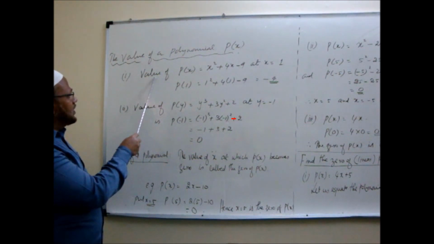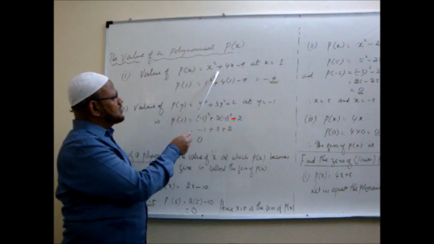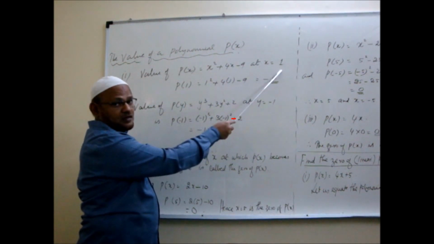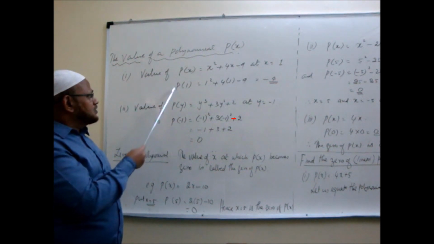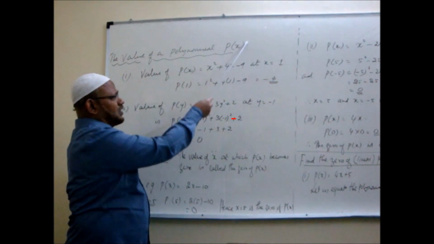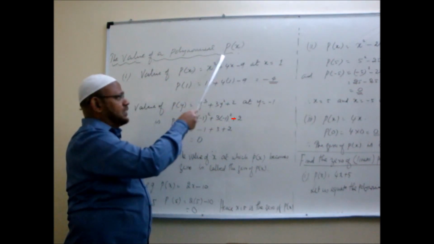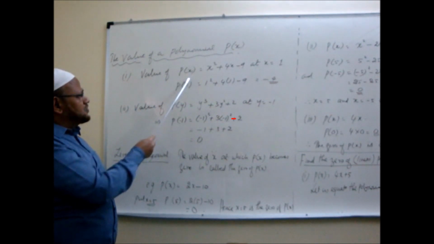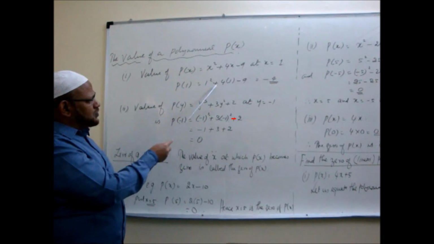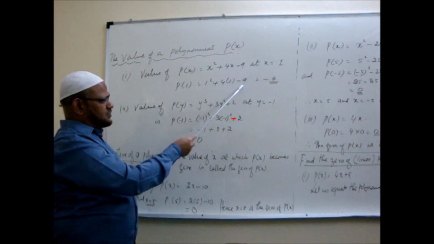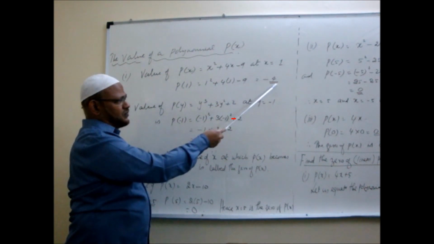The question is finding the value of p of x at x equal to 1. Where x is coming, I substitute 1. This p of x means a polynomial in x, we denote it like that. So I substitute x equal to 1: p of 1 is equal to 1 square plus 4 into 1 minus 9. Simplify, I get minus 4.